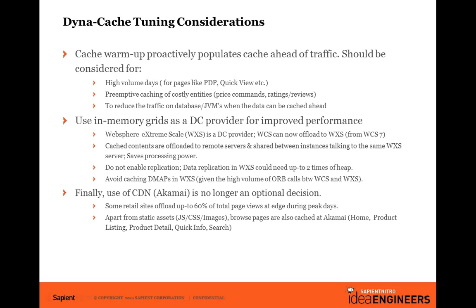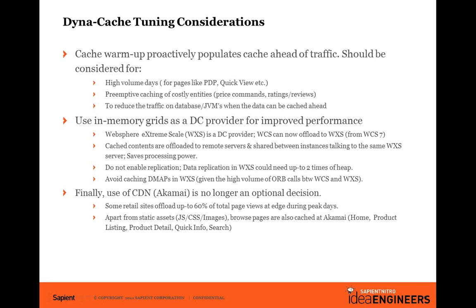I remember that we managed to cache easily up to about 20 GB worth of content in Extreme Scale. You can do that with just your DynaCache sitting on your heap, but it's going to be much trickier.